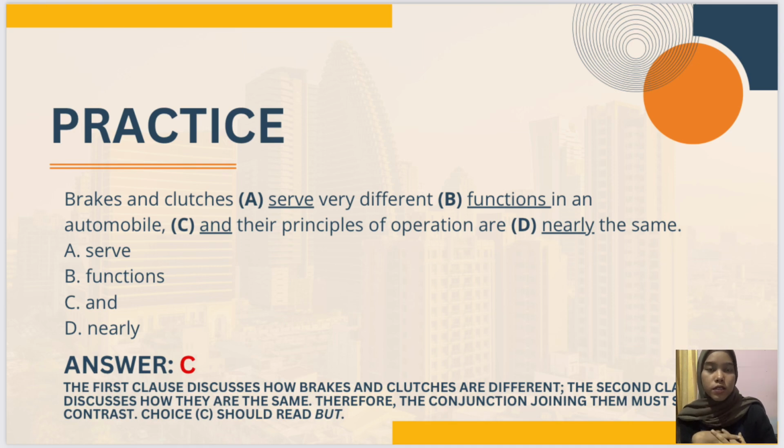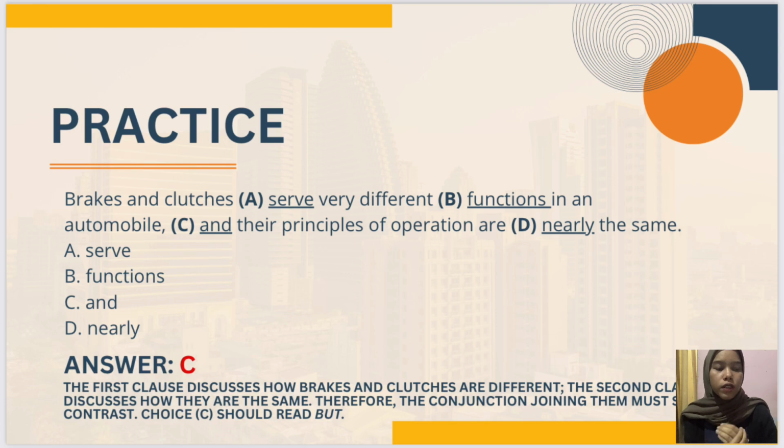Okay, so the correct answer is C, and. Why? Because the first clause discusses how brakes and clutches are different, which is a contrast or opposition. Meanwhile, the second clause discusses how they are the same. Therefore, the conjunction joining them must show contrast.